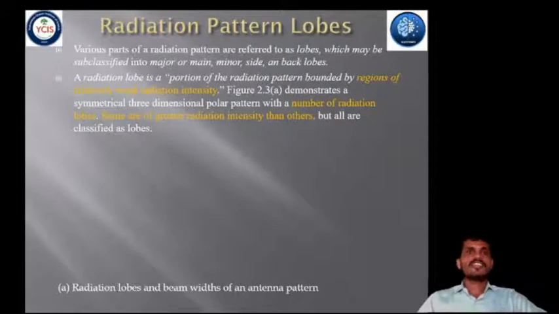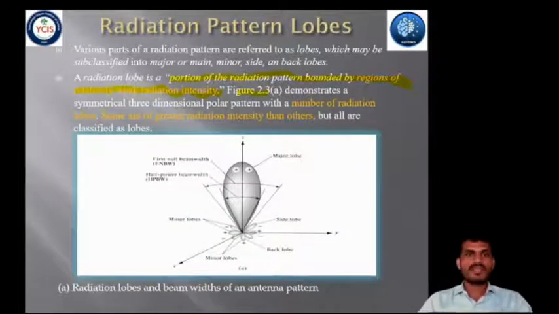Now a radiation lobe is a portion of the radiation pattern bounded by a region of relatively weak radiation intensity, and it can be demonstrated by a figure. How can it be defined? So this is your figure. Now, a portion of the radiation pattern bounded by a region of relatively weak radiation intensity.